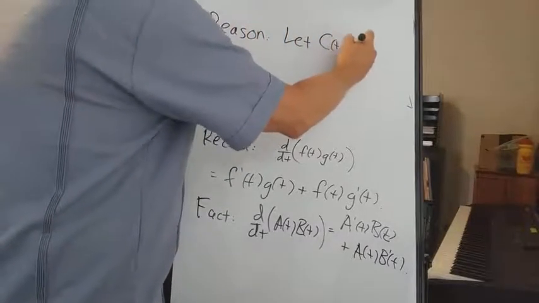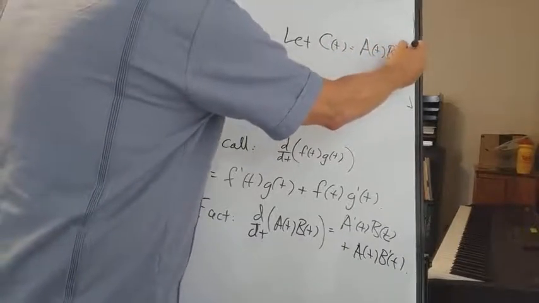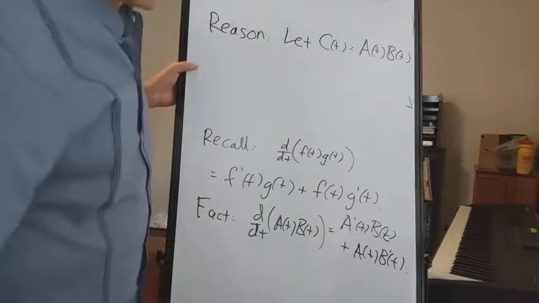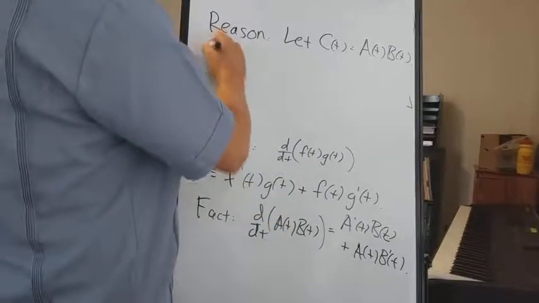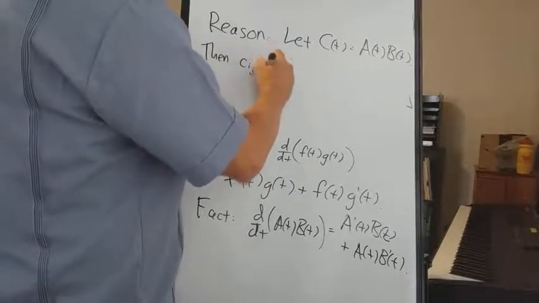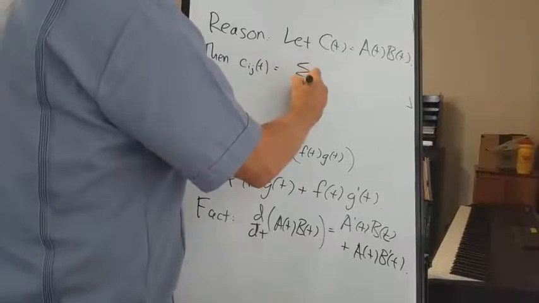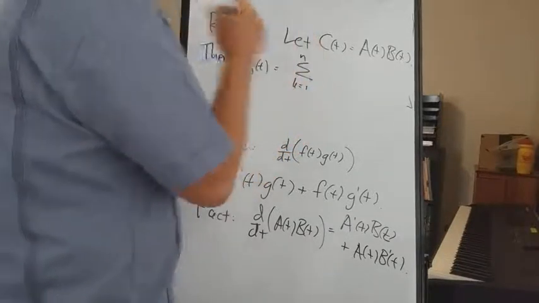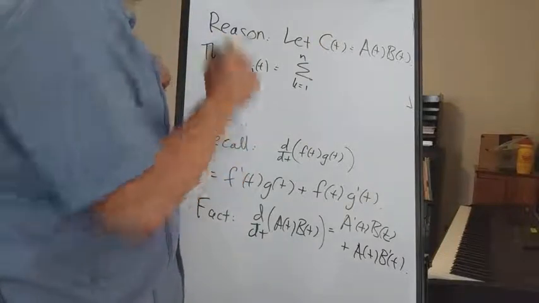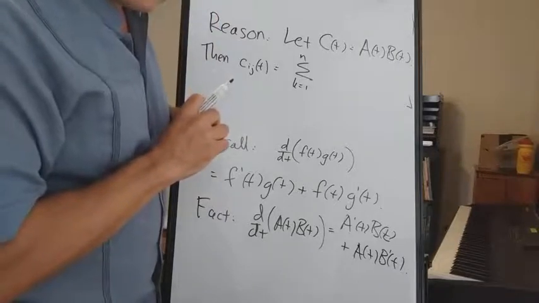Let's let C of t be the matrix we get by multiplying A of t and B of t. Then the ij entry is a sum. Let's say these are n by n matrices. Well, actually, they don't need to be the same.